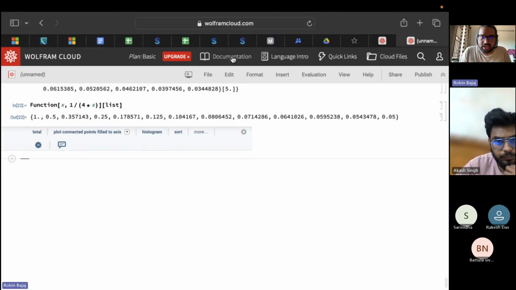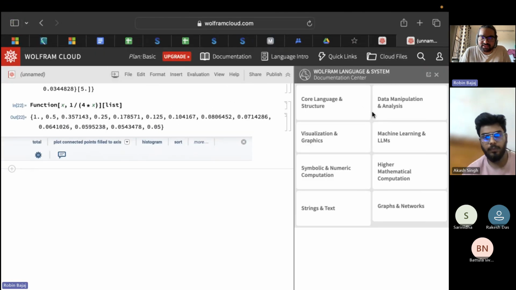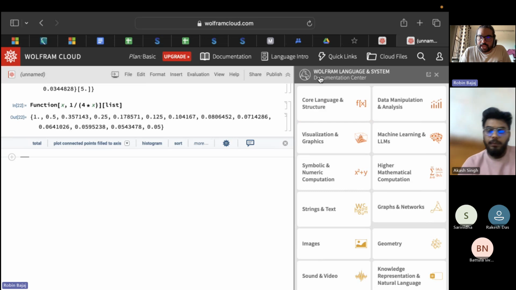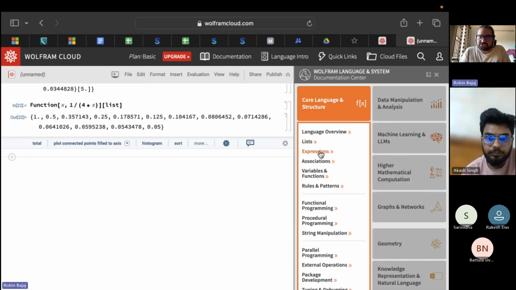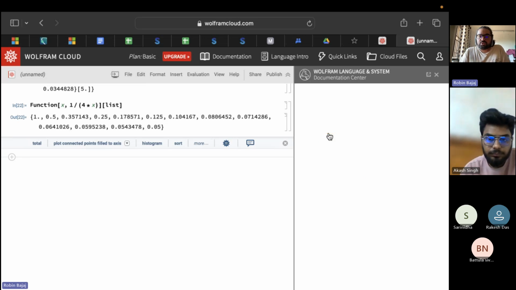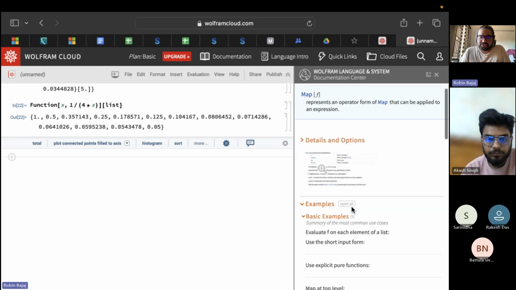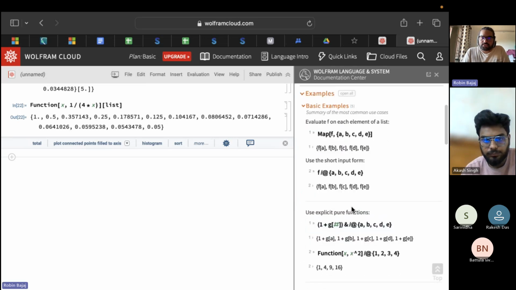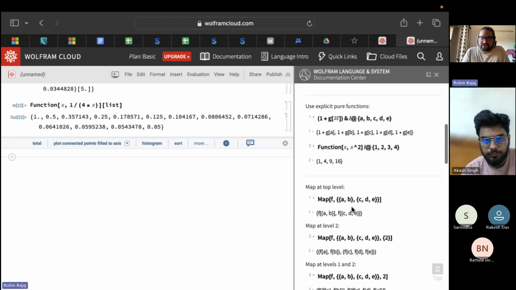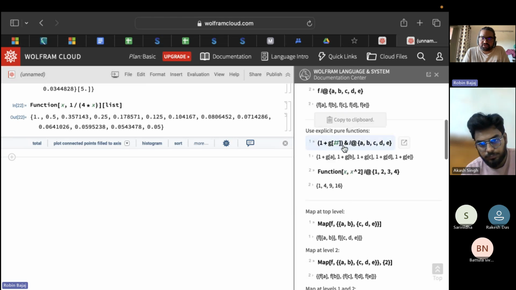So I'll go back to the documentation again, to the core language. There was this language overview, functions, map. So if you see, they show these different kinds of things. Let's do this kind of thing.